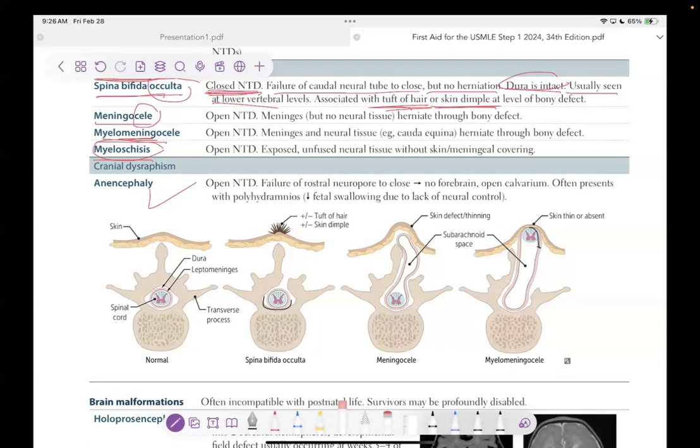This is the Step 2 concept. Even if there is a lipoma, a dimple, or a nevus in the back of the baby, it should be followed, because later, when the baby grows, it can cause cauda equina syndrome.